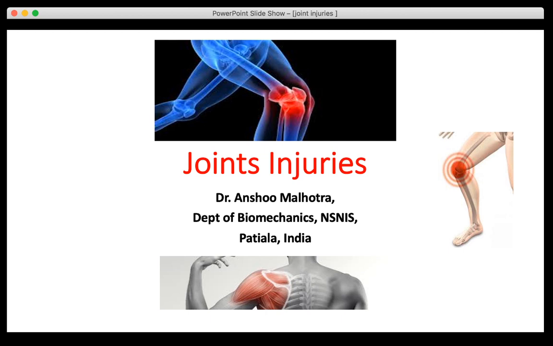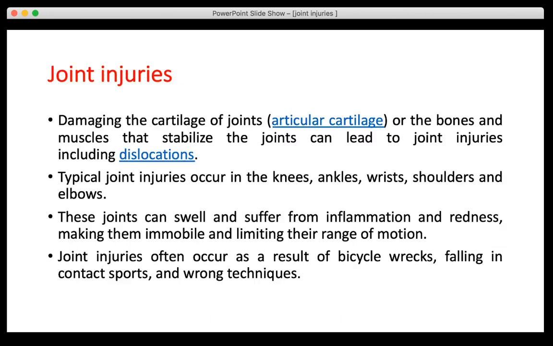Now dealing with the joint injuries one by one. The first slide gives a brief introduction: what is injury, and what does injury involve in the case of joints. It is basically damage to the cartilages in the joints, or some problem in the muscles that stabilize your joints. Damage to cartilage, tendon, or the muscles which strengthen your joint can lead to joint problems, which include even dislocation of the bones.